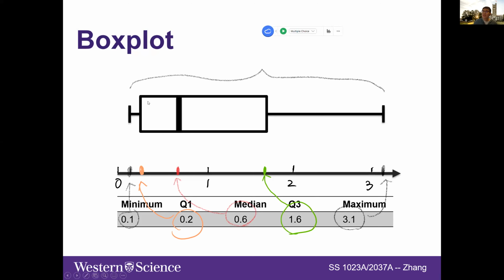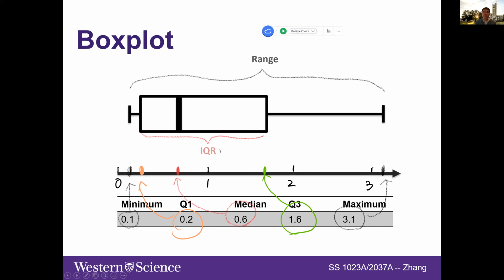As you can see, this box plot represents a lot of information. First of all, the length of the complete bar is basically our maximum minus the minimum, right? That's exactly the definition of range. And also, if we look at the main body of this box plot, this region is Q3 minus Q1, which is exactly the interquartile range.